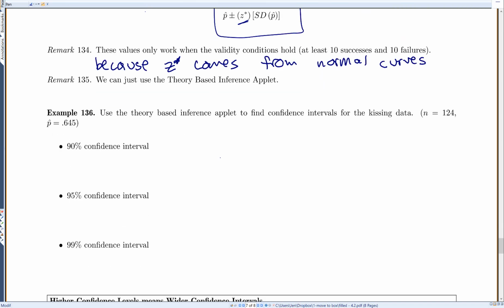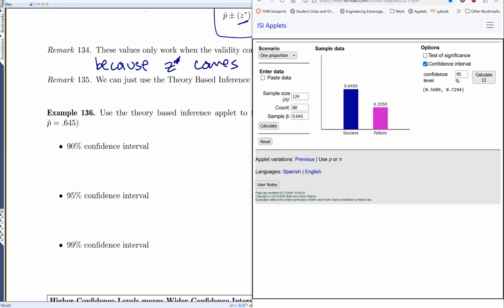So let's use our theory-based inference applet to find confidence intervals for the kissing data. Remember that n equals 124, p hat equals 0.645. So we come to our theory-based applet. We do one proportion. My sample size is 124. My sample proportion is 0.645. I click on confidence intervals.